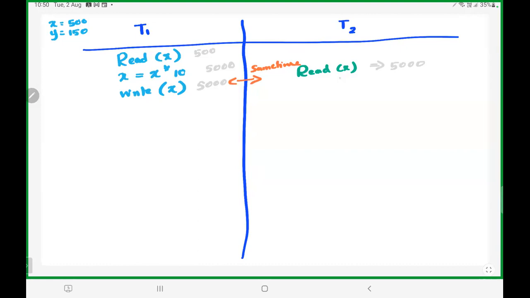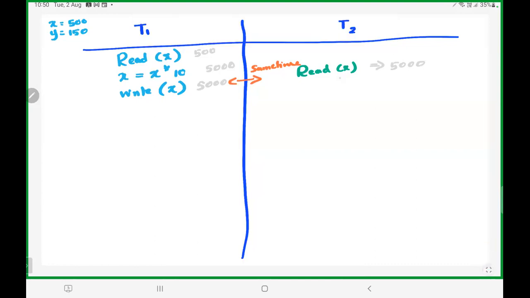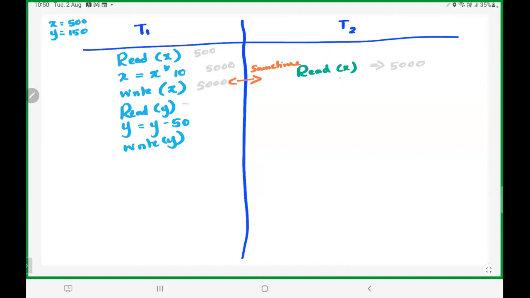So the T1 transaction is still not finished. Then they will read Y and deduct some value from Y, and then write Y. When reading Y, its value is 150.